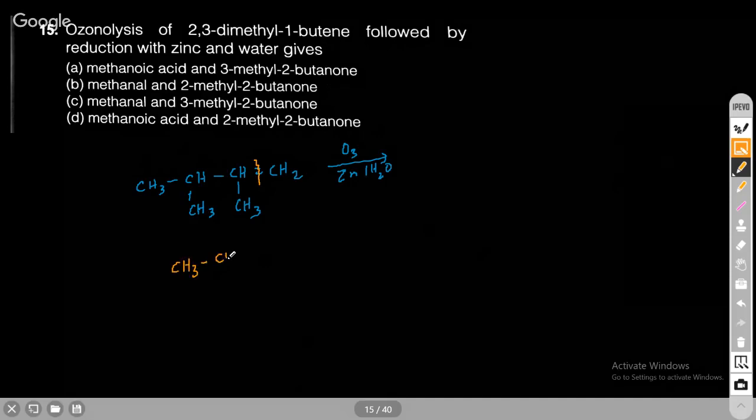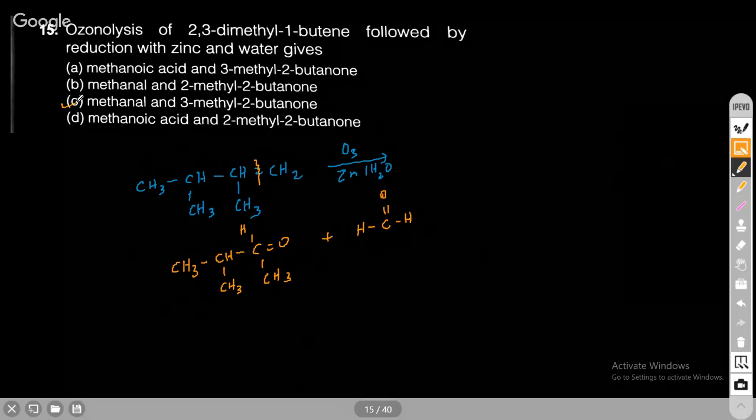CH3, CH, CH3, C double bond O, CH3. This is the first product. Another product is this HC double bond O, H. So you'll get methanal and 3-methyl-2-butanone, right?